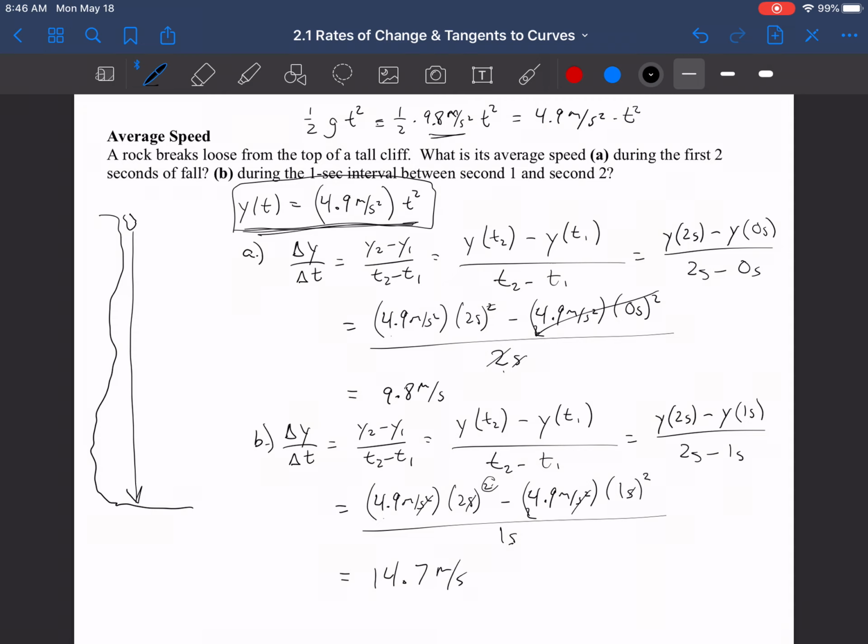So same units, meters per second. This is the average speed from 1 second to 2 seconds, and this is the average speed from 0 seconds to 2 seconds. And it should make sense that 0 to 2 seconds is a slower average speed because it started from rest, and it started off more slowly and hasn't sped up as much yet.